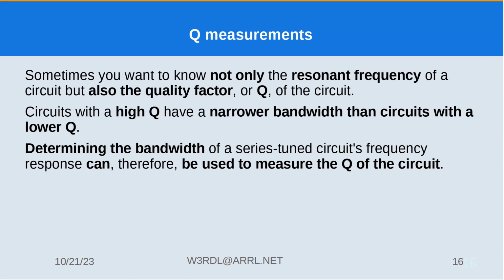And if you look at what we talked about previously on those tuned circuits, you determine the bandwidth at the 3dB down points or half power points. The wider that is, the lower the Q, obviously. So you can use that to determine the Q if you know the frequency and the half power points.